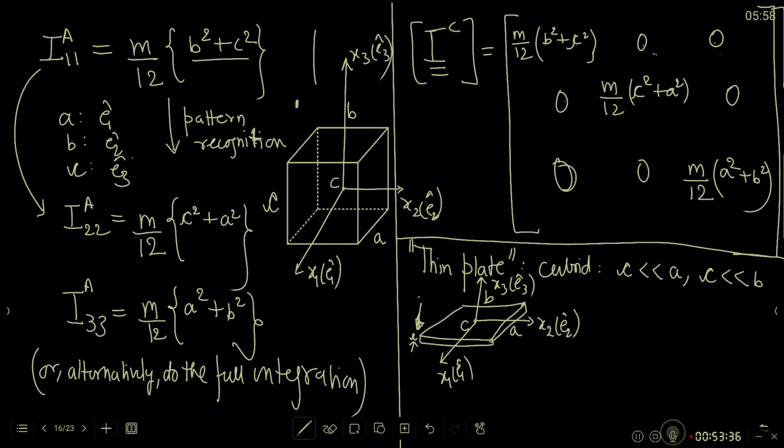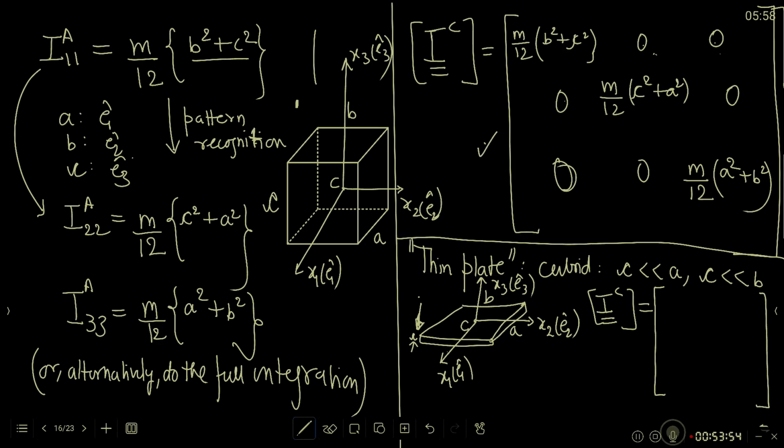One way is to, of course, go and do all the integration, right? And the other way to get this is simply refer back to this set of results and impose the condition. What condition? This condition and this condition. What do you get?